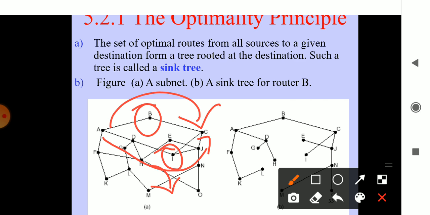So this sink tree may not resemble the same every time. The sink tree differs from one end to another end. For nearby places it may represent the same sink tree, but when it belongs to different areas, they may follow different types of sink trees. It doesn't resemble.